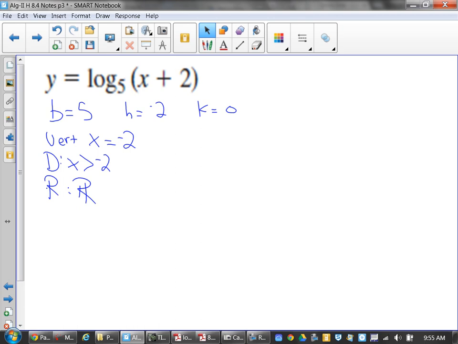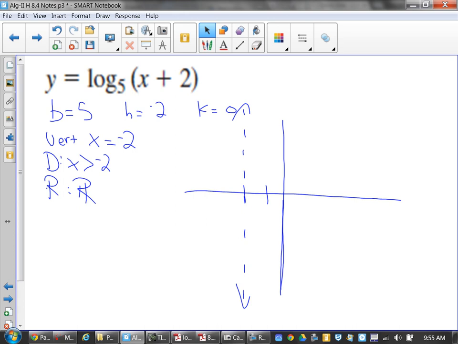So now I start thinking about what I am going to pick for points. Here's my vertical asymptote. My b value is greater than 1, so it's going to be going up and over. I want to get a value to make this into 1.